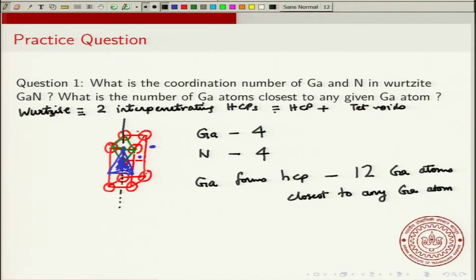If you look at any gallium atom, there will be 4 nitrogens that are closest to it. So, the coordination number 4 relates to the 4 nitrogen atoms that are closest to it. And the nitrogen atom has 4 gallium atoms that are closest to it. But if you look at gallium, what are the gallium atoms that are close to it? Then the answer is 12. So, there are 12 gallium atoms closest to any given gallium atom.